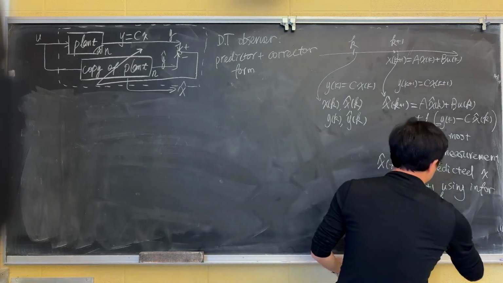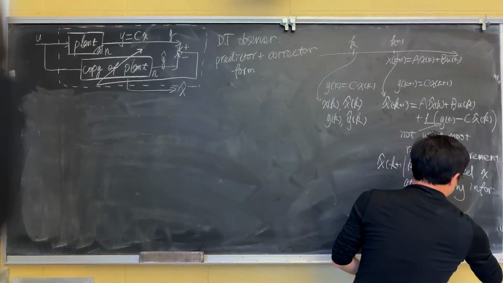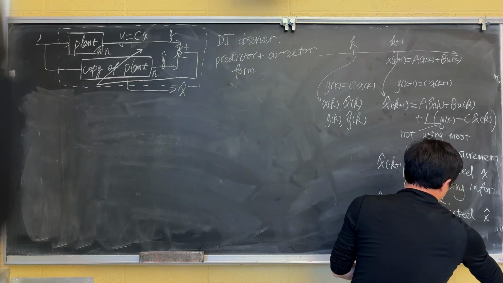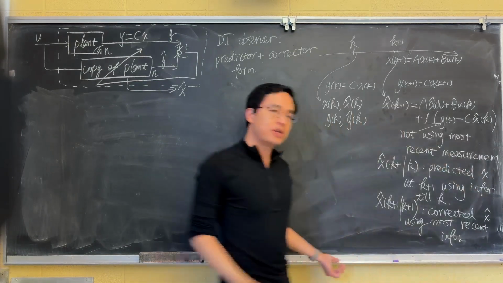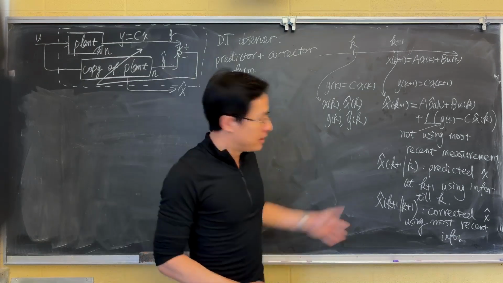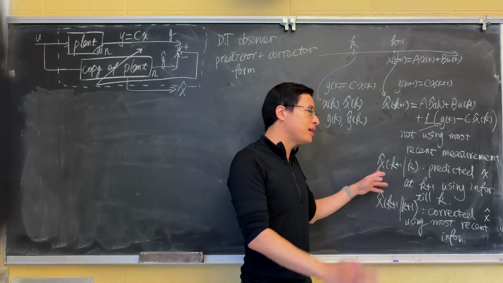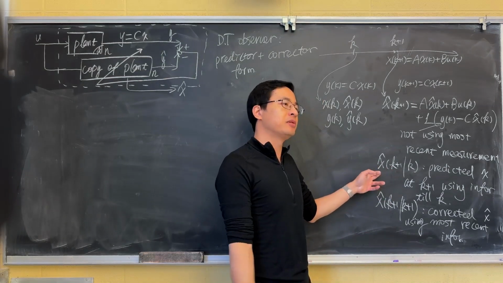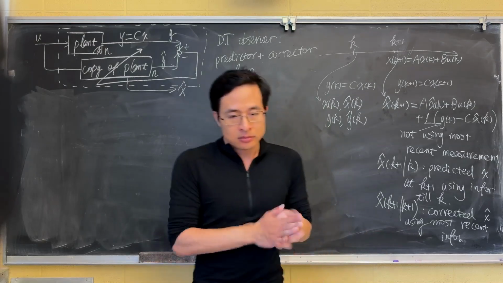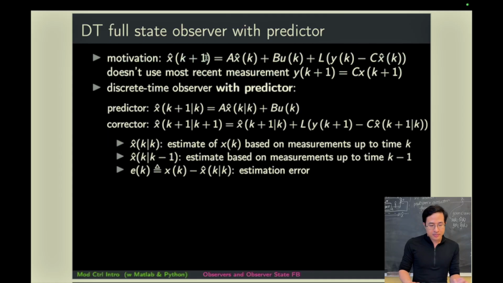So this is corrected x hat using the most recent information that's available. And this set of indices is exactly the same that you will see in Kalman filter. So that's the important concept. Predictor and corrector. And then we talked about the meaning of these time indices over here.